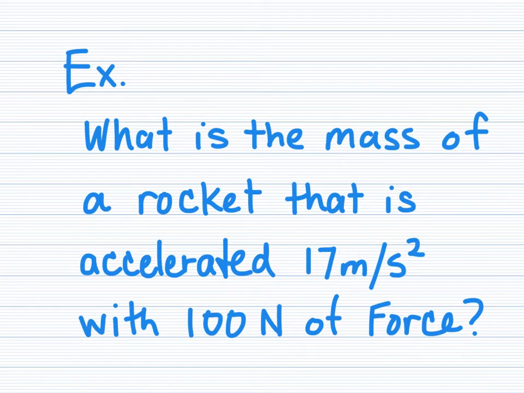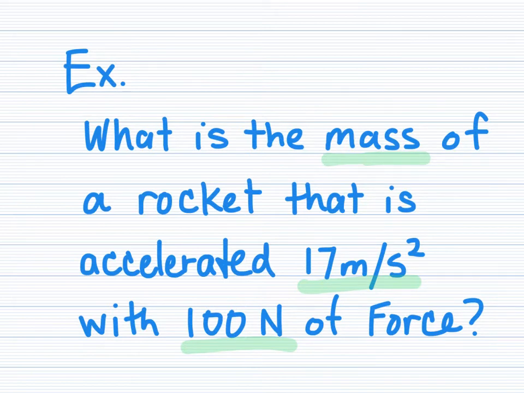Now here's our example. And yes, I want you to copy this down. Our example is, what is the mass of a rocket that is accelerated 17 meters per second squared with 100 newtons of force?